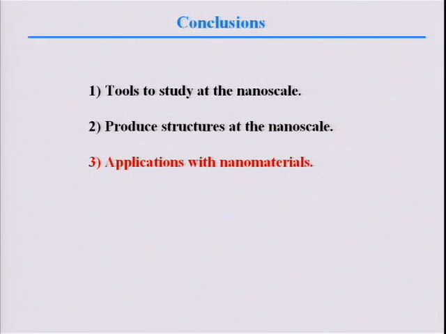The first two areas are more or less mature. We know how to make nanostructures. We have really powerful tools to look at the nanostructures. What we need is, can we really impact applications with nanomaterials? That's the key thing. The public has been looking into nanotechnology for a while.